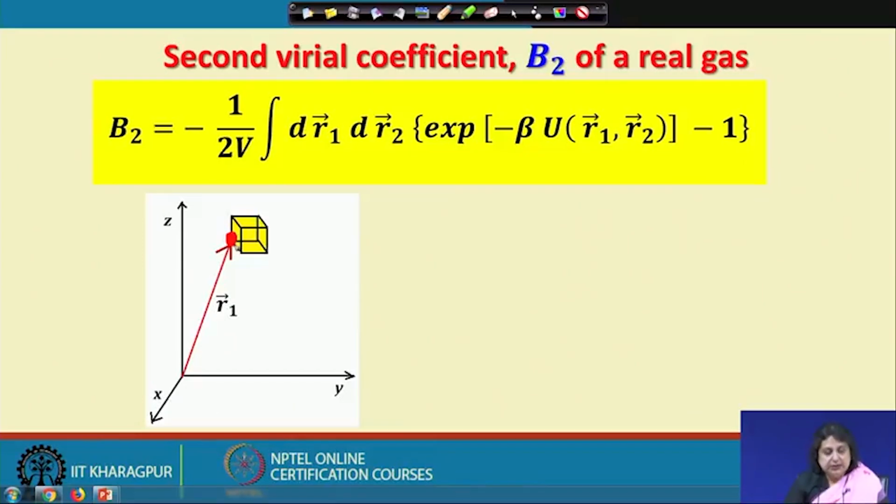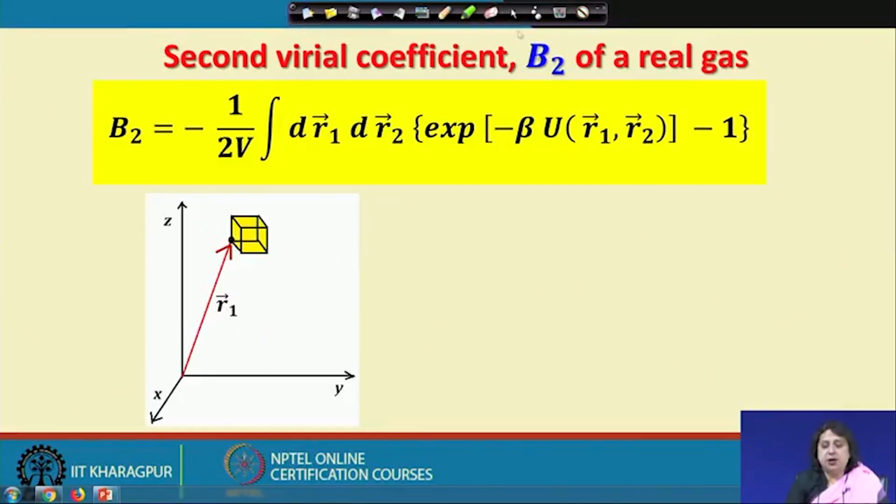Now, if I allow this particle to be present anywhere within this small volume element, which is bounded by x values between x and x plus dx, y and y plus dy and z and z plus dz, then what I am looking for is the particle being located somewhere within this volume element, and this volume element is expected to be much smaller than the volume of the box in which each of these particles is present.